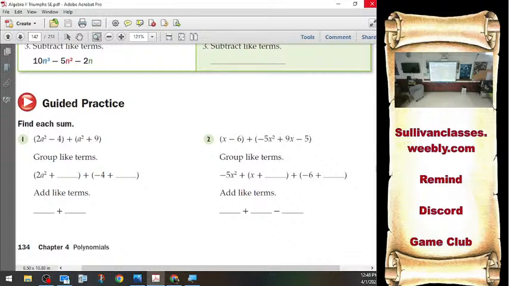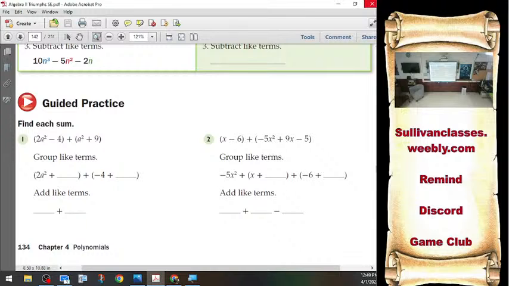What if I said 2 circles plus 1 circle? 3 circles. And then over here, you can check that on the calculator. If I say 1x plus 9x. There you go.